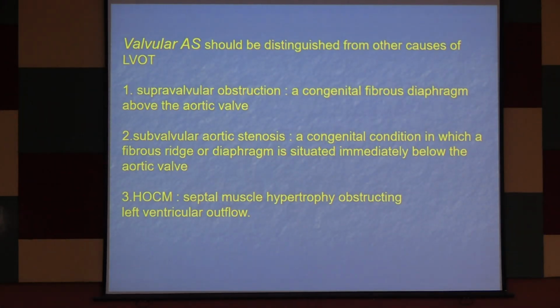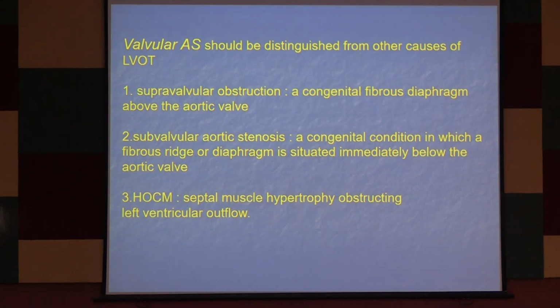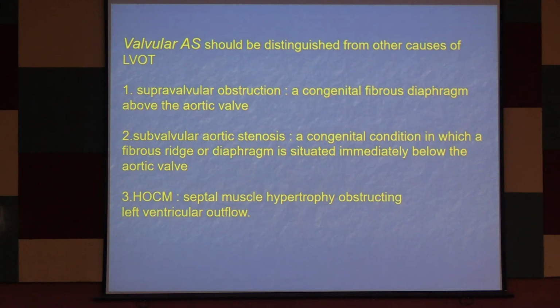Supravalvular obstruction, a congenital form of fibromuscular or fibromembranous diaphragm producing obstruction. Second, subvalvular aortic stenosis, again produced by fibromuscular or membranous obstruction to the LV outflow.